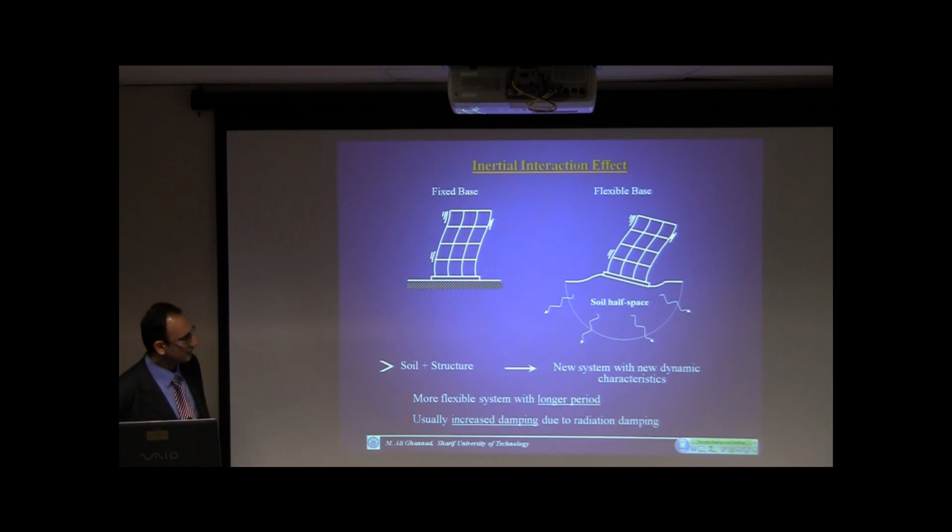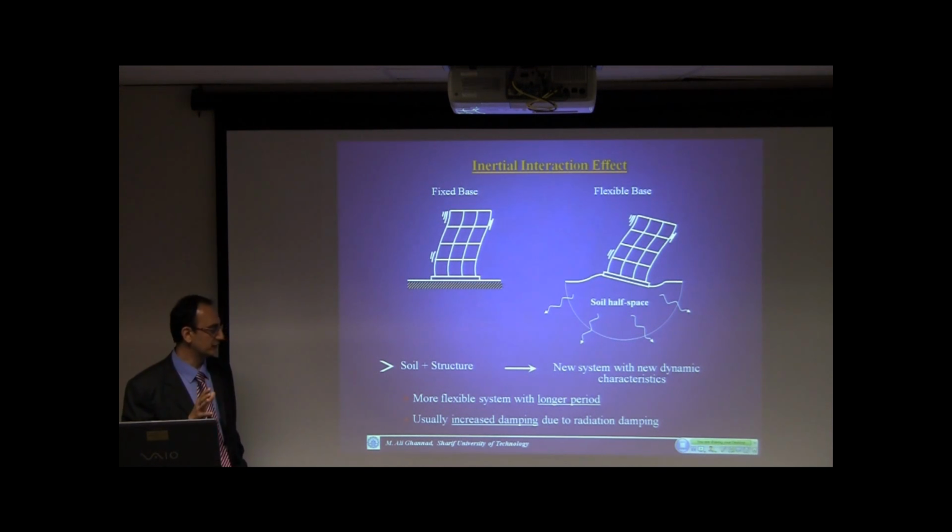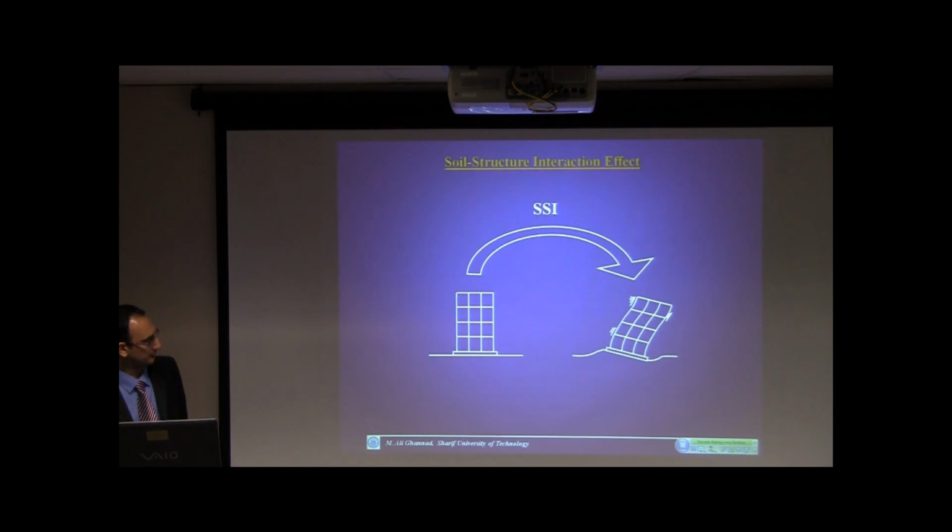So the system has a new period. Very simply, when we look at the problem, we have a new, different period and different damping, and of course the response would be different.